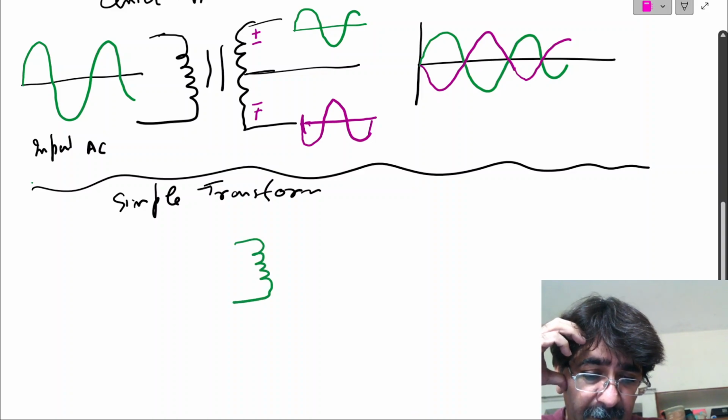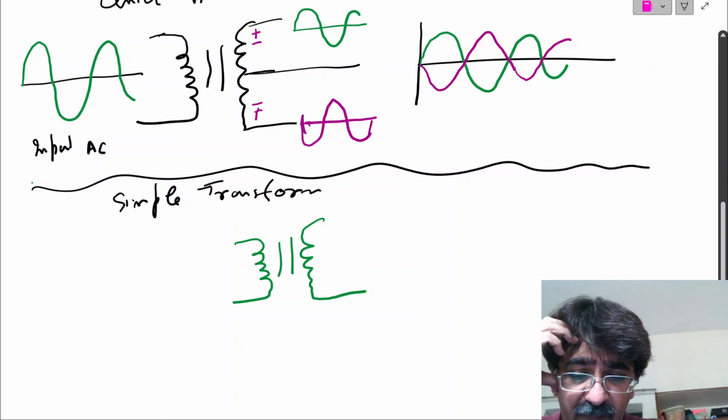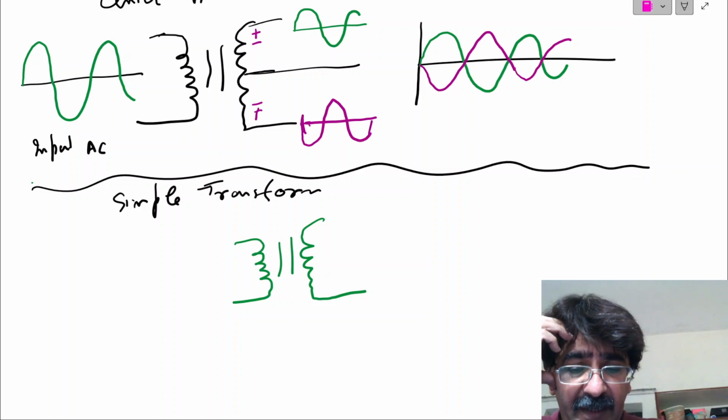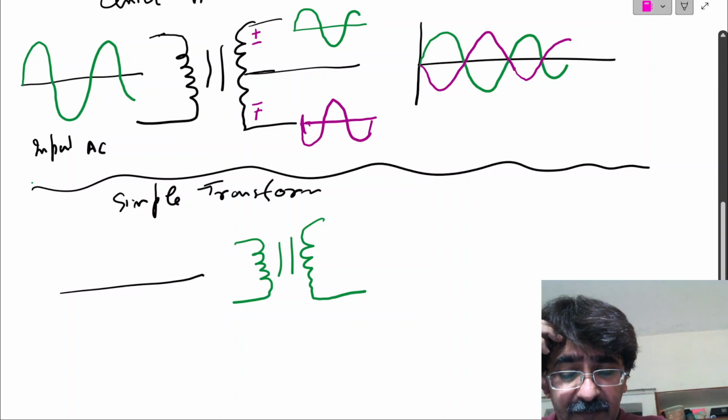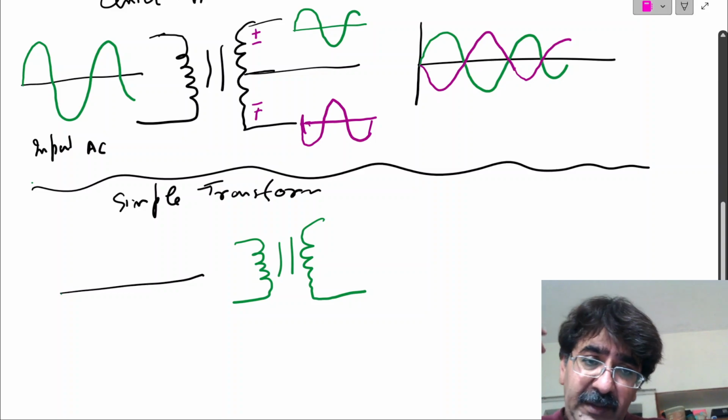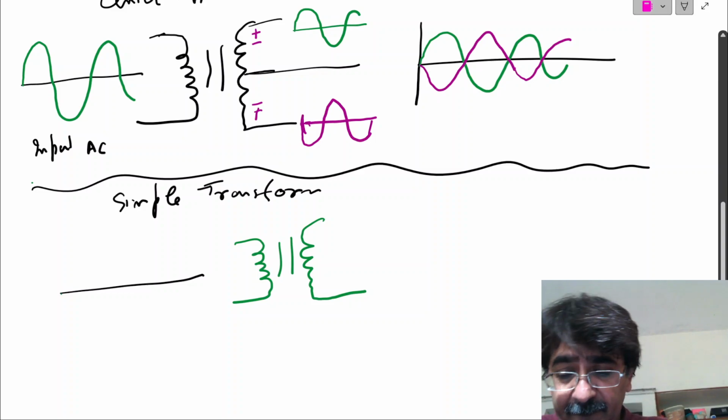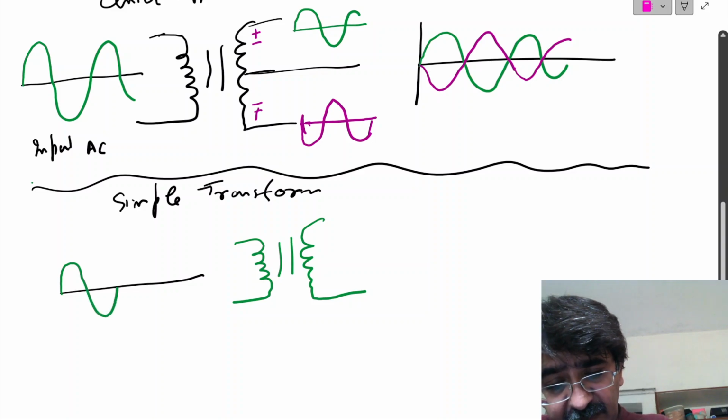If it is a step down transformer, the amplitude will be decreased. If it is a step up transformer, the amplitude will be increased, but the shape will remain the same as the input AC wave.